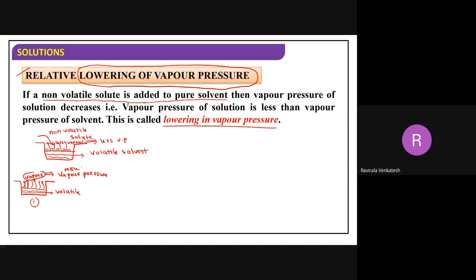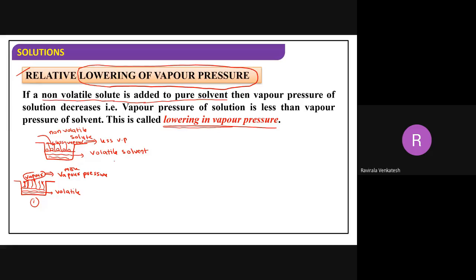That means what is happening here? When you add a non-volatile solute to a volatile pure solvent, the vapor pressure of the solvent decreases. This decreasing you are calling lowering in vapor pressure. Understood, beta? All of you?